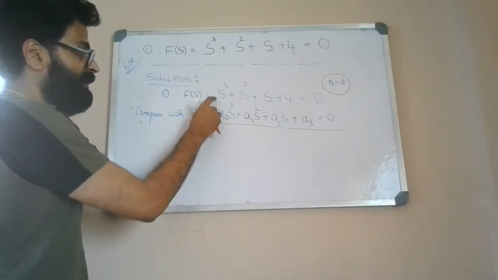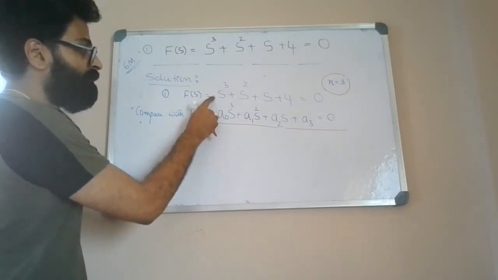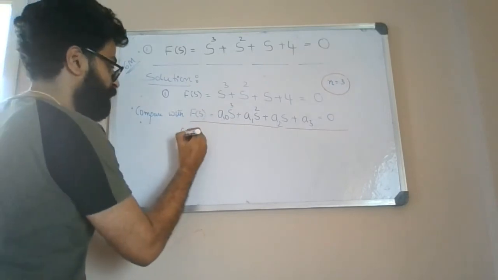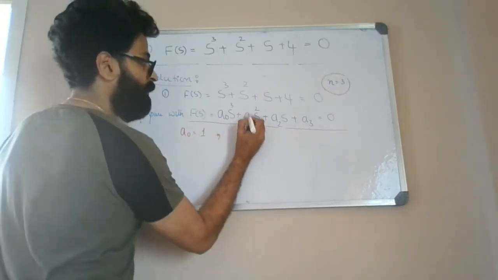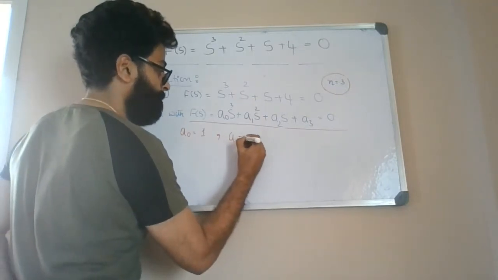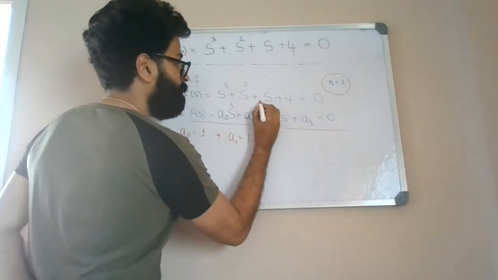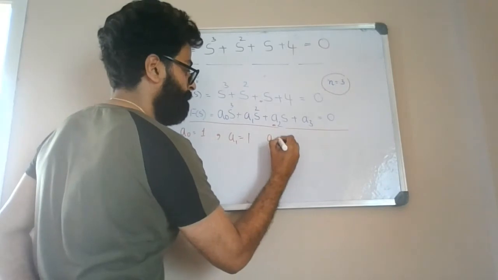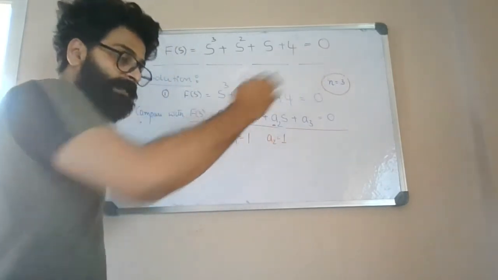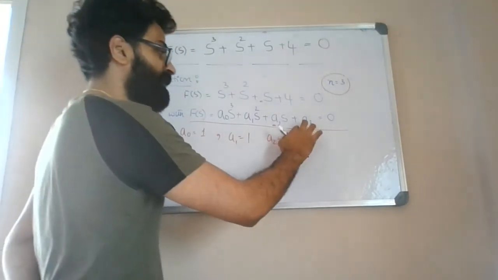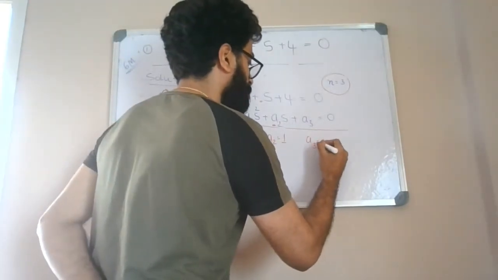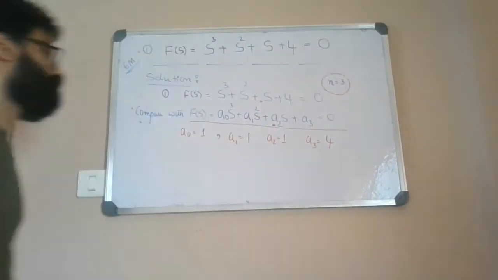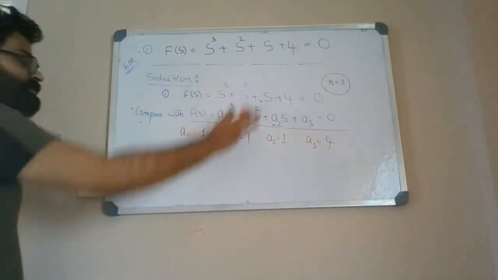In the characteristic equation, the value of a naught is 1, a1 is also 1, a2 is also 1, and the nth coefficient, a3 for our system, is 4. So this is your step 1.